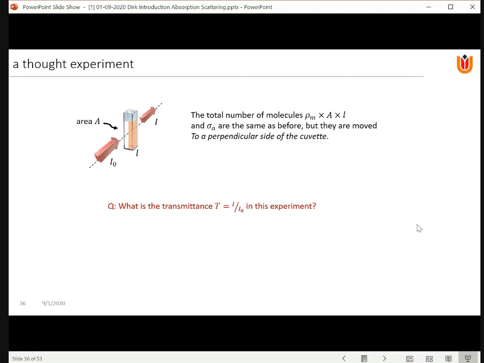It's double because I0 is halved. Yes, but I0 is not. I0 stays the same, so there is the same amount of photons incident on the cuvette.